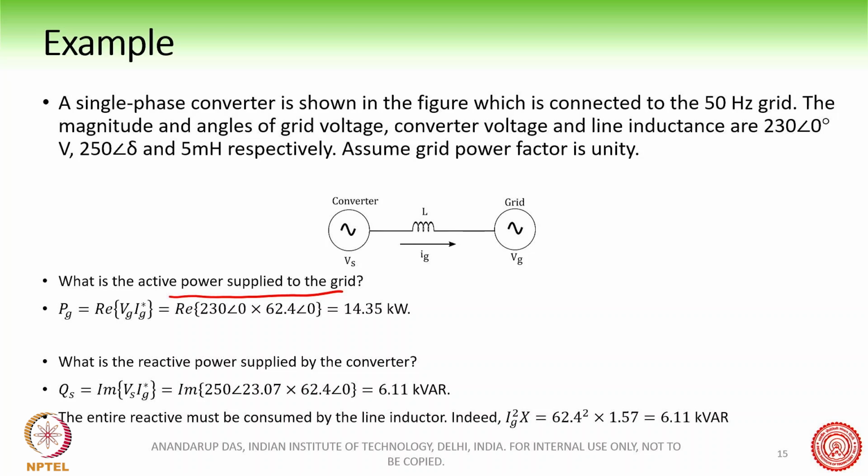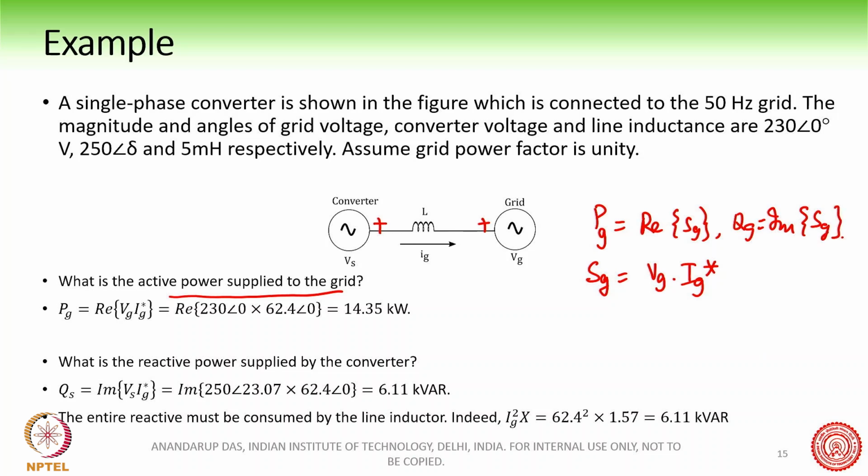How much is the active power supplied to the grid? You have to remember that the grid power SG is VG into IG star, and PG is equal to the real part of SG, and QG equal to the imaginary part of SG.